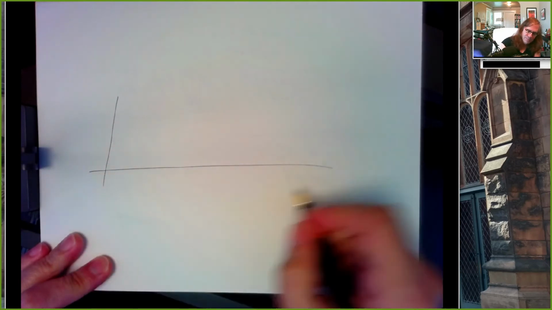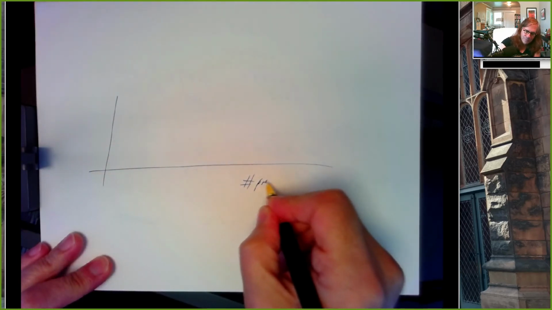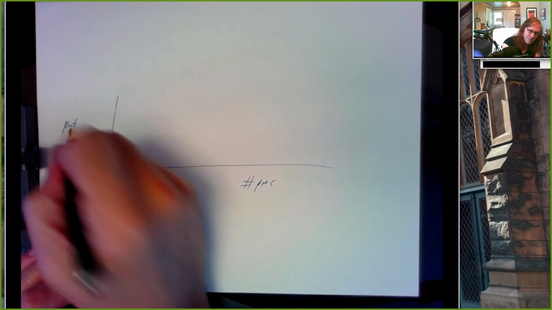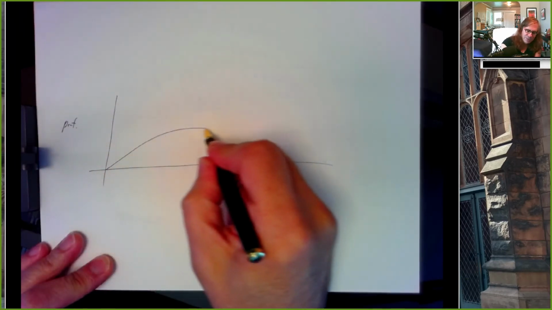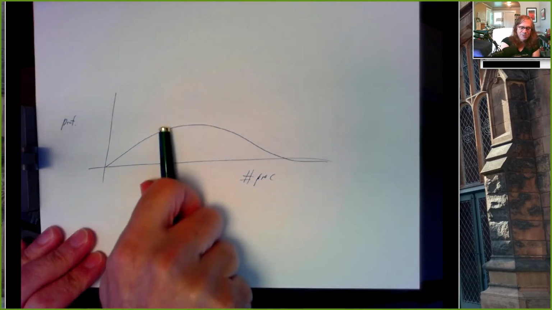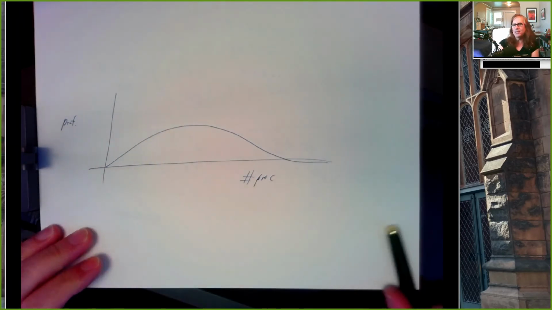So you get into resource contention. And so there's the number of processors, and then there's performance. And there's some point where having more resources improves your performance, but at some point it drops off.